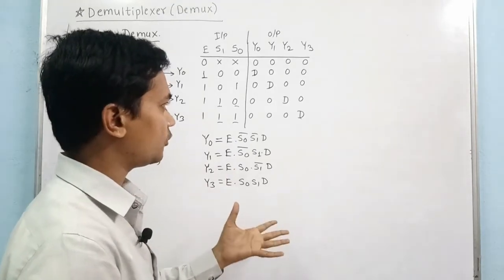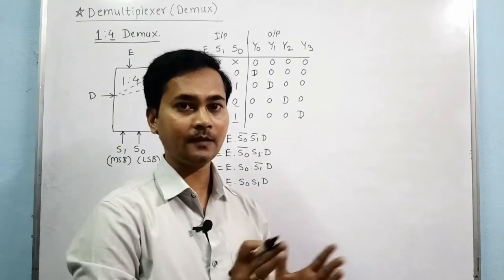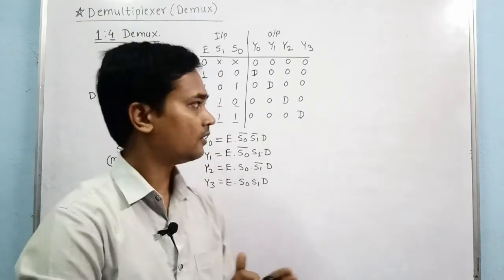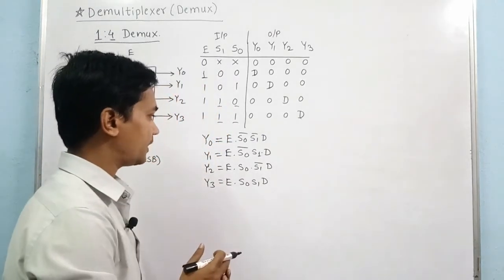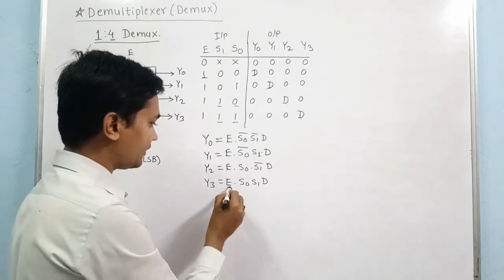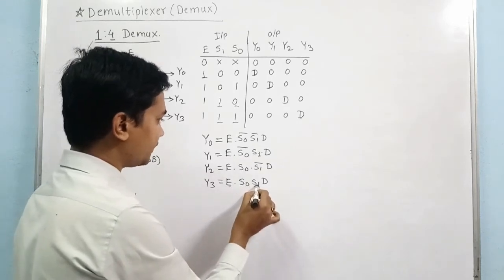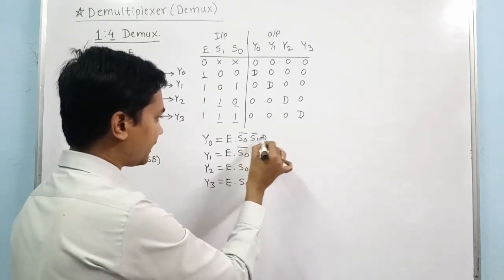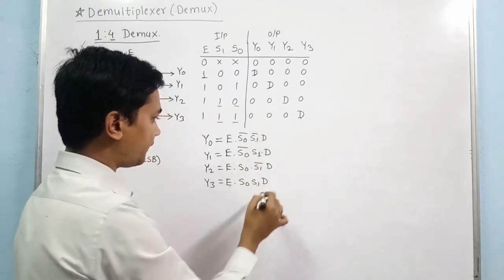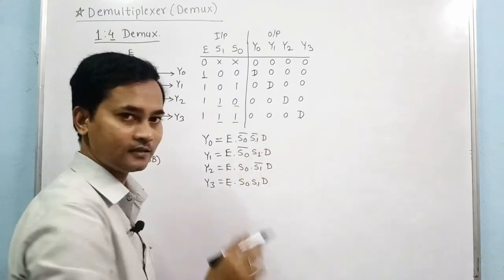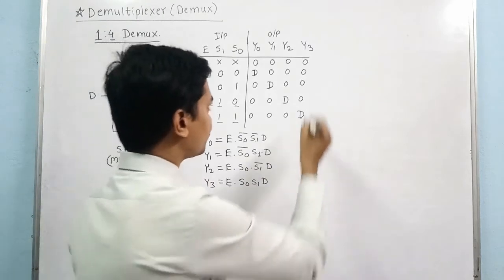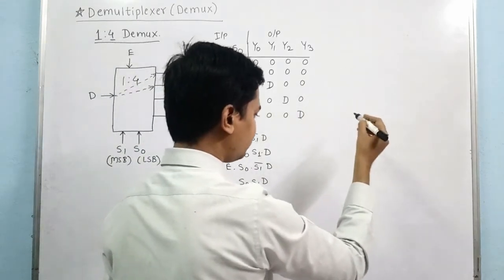Now this is the time to implement the actual 1:4 demultiplexer. So which terms should be considered here? E, S0, S1, S0 bar, S1 bar and D. So total 6 lines should be considered here for implementation. So let us implement.